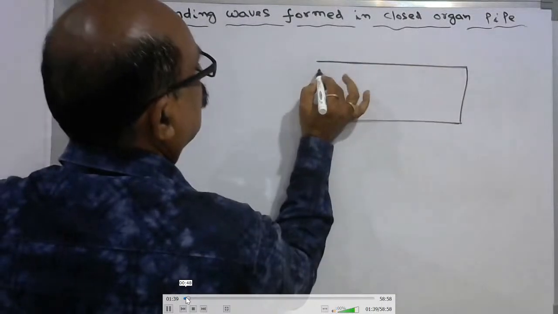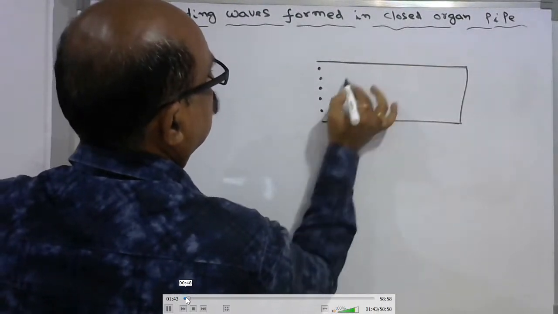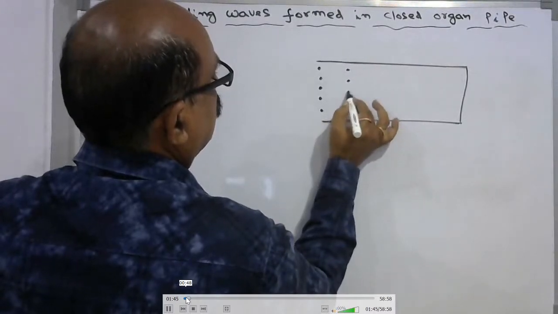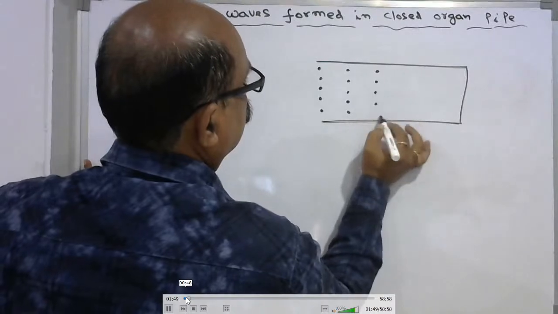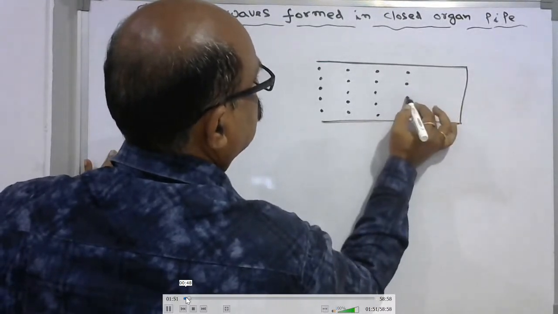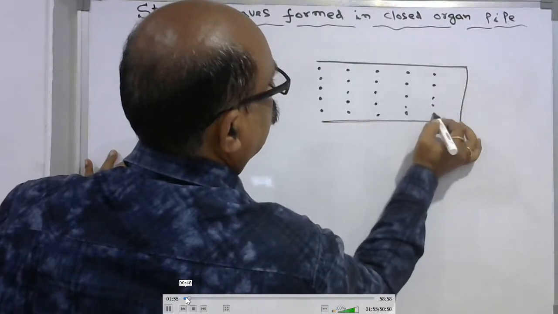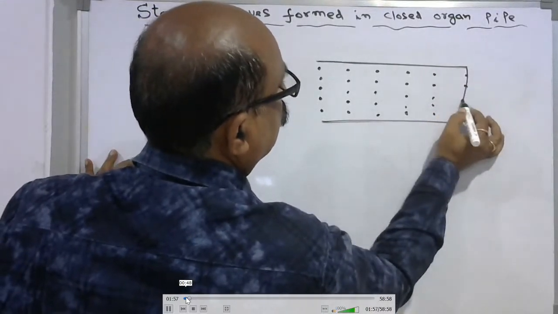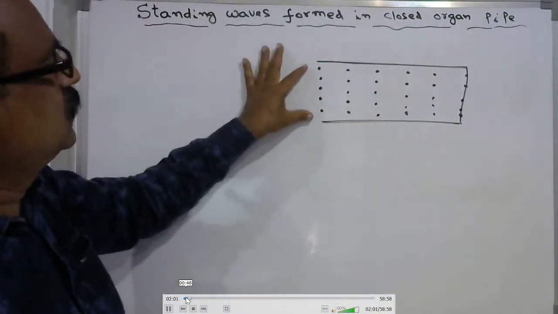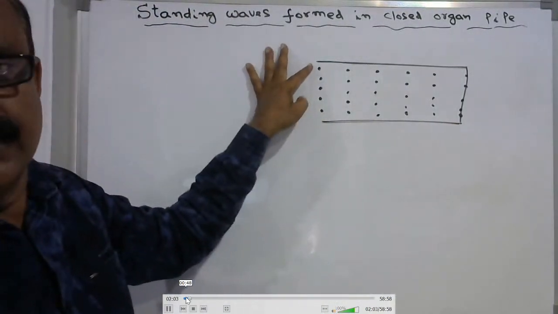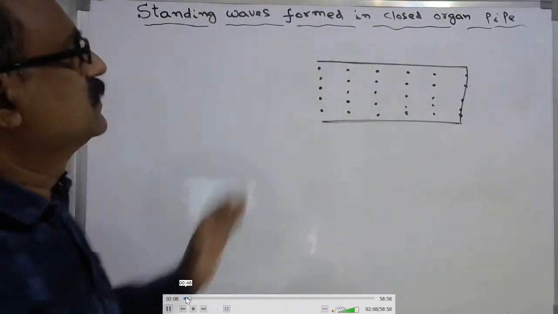Suppose it is enclosed with air molecules like this at different positions in our consideration. If you observe this particular position, this is the open end. If you create a disturbance here, what happens?